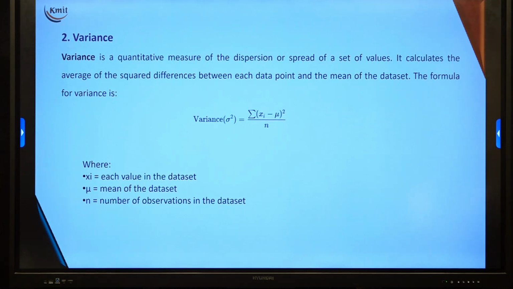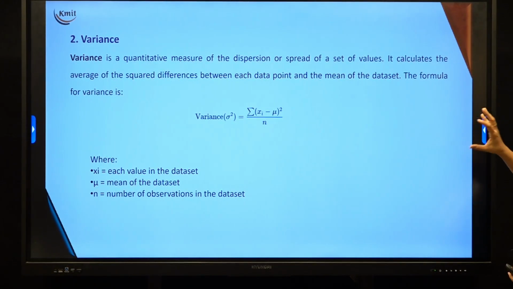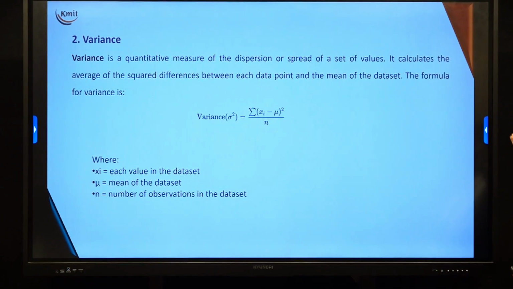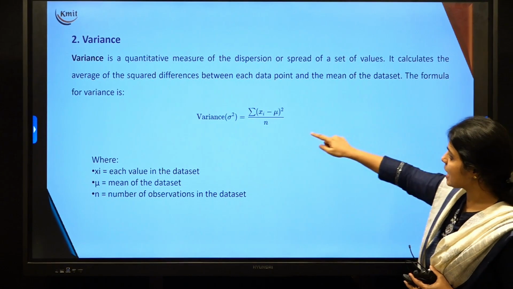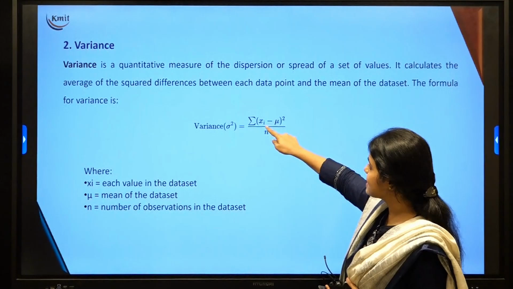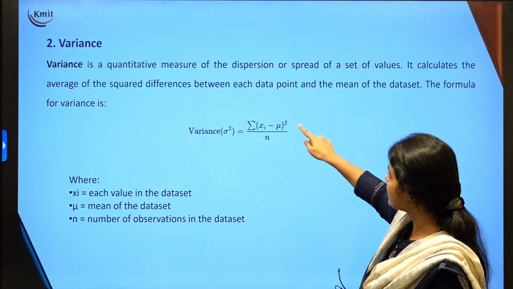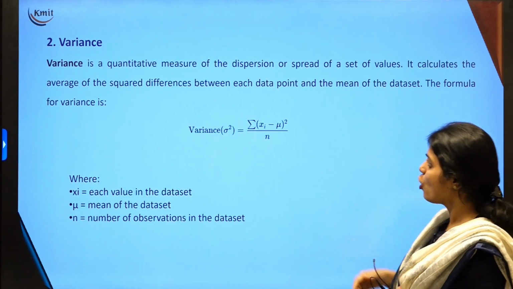As you can see here, variance is a quantitative measure of the dispersion or spread of a set of values. It is calculated by the squared difference between each data point, where xi represents each data point, mu is the mean of the data set and n is the total number of observations.